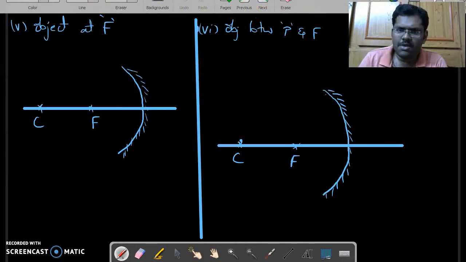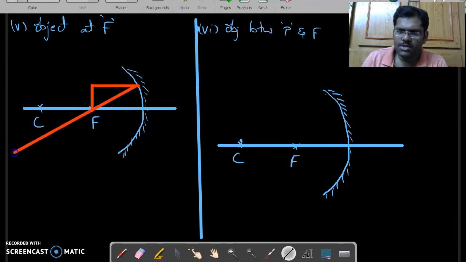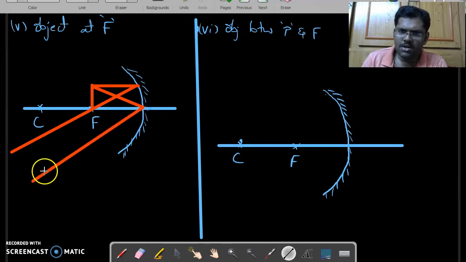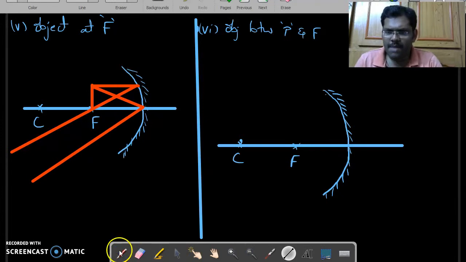And next, going to the object when it is kept at F. So when the object is kept at F, that is at the focus, the first ray should be parallel to the principal axis, passing through the focus, and the second ray, when it is incident on the pole, here also it will get reflected. As these two rays are parallel to each other, the image is formed at infinity.